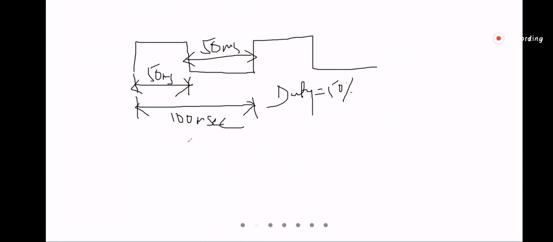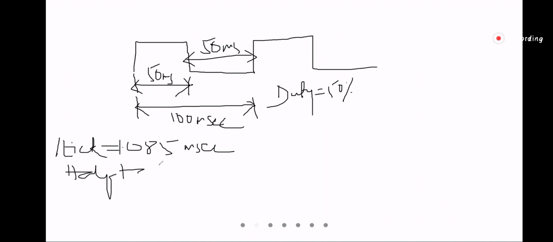Okay, one tick will always take 1.085 microsecond. This is the time for one tick. Total tick from here to here, it is only till half. Half of the cycle takes 50 millisecond.